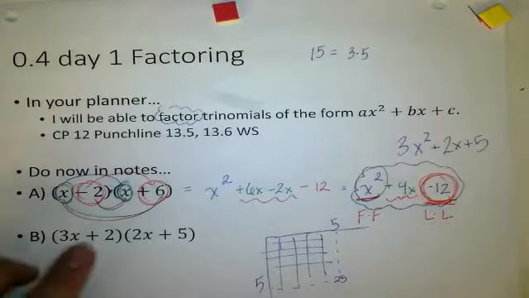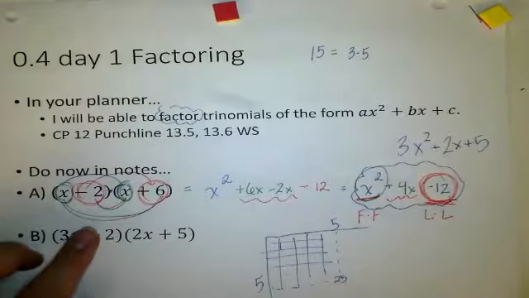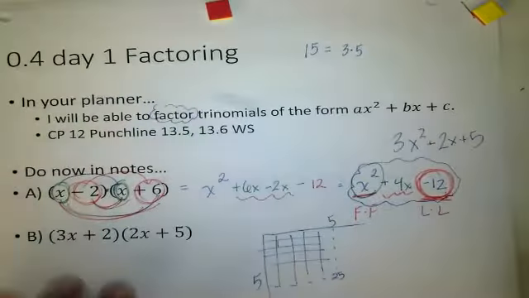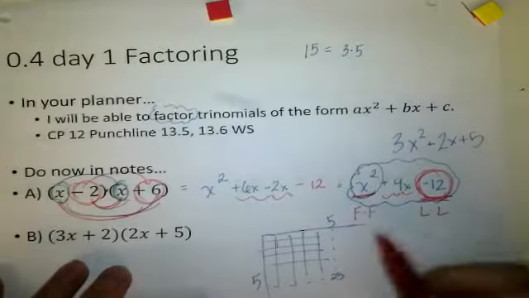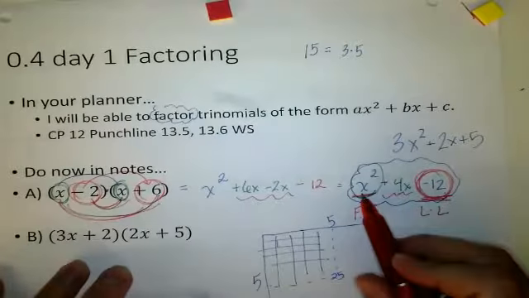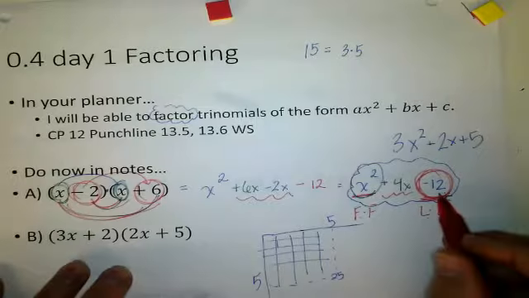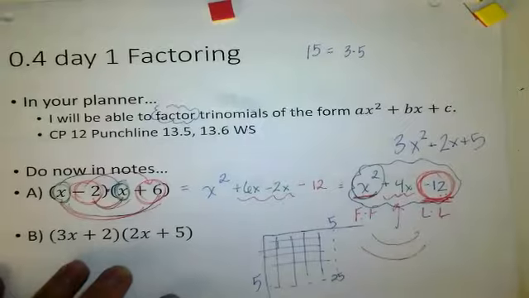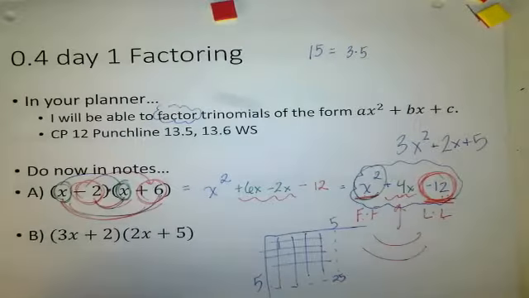I call that the rainbow. Do you see the rainbow right here? So I always say first times first has to be the first thing. Last times last is going to be the last thing. And for that middle, you're just going to check the rainbow. It works all the time.